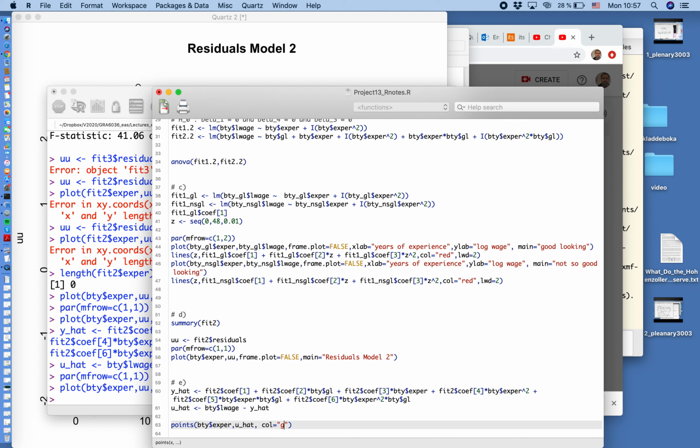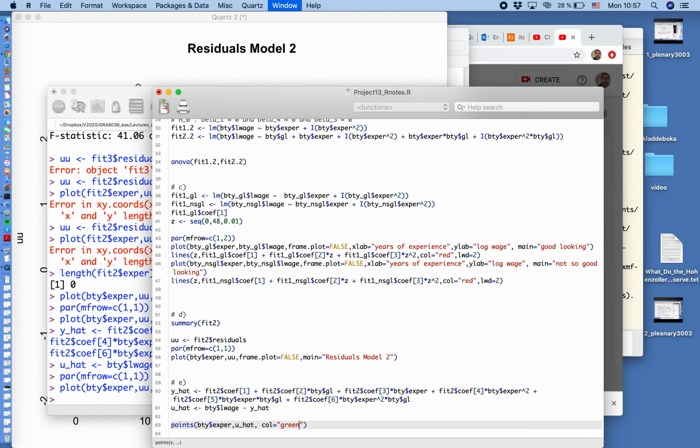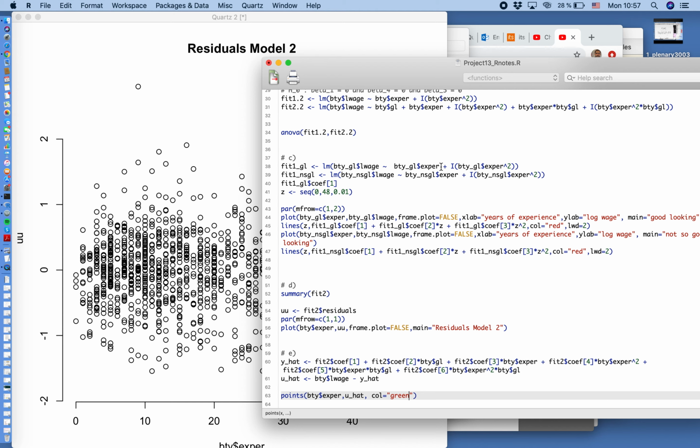Let's make them into another color. Okay, so we see this plot. Now we run this, so they are a bit different, which means that we probably did something wrong somewhere. So let's try to understand where we did something wrong.